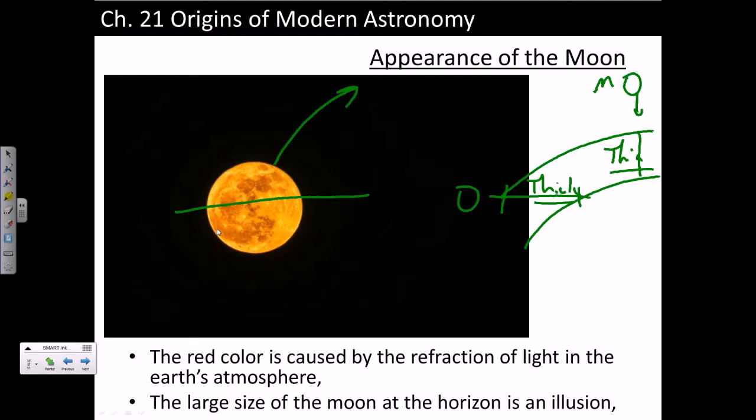So when you think the moon has actually changed size, the easiest thing to do is to take some pictures of the moon at different positions in the night sky and actually measure those pictures, and you'll find that the moon is not any bigger or smaller when it's at the horizon versus when it's up high in the sky, directly overhead. So the change in size of the moon is an illusion, but the color of the moon is not an illusion. That has to do with how light moves through our atmosphere.